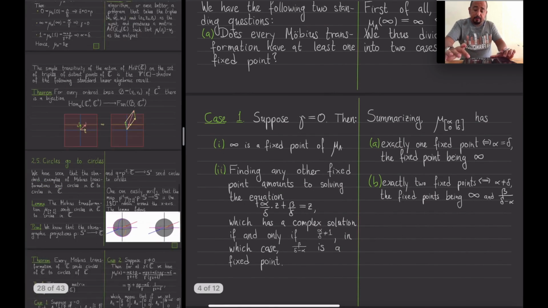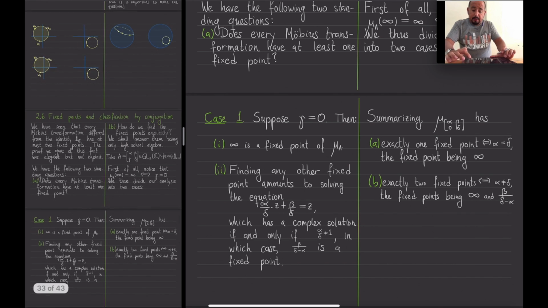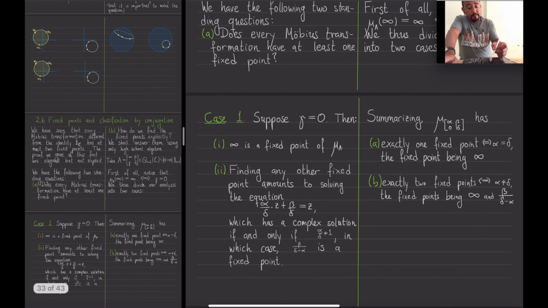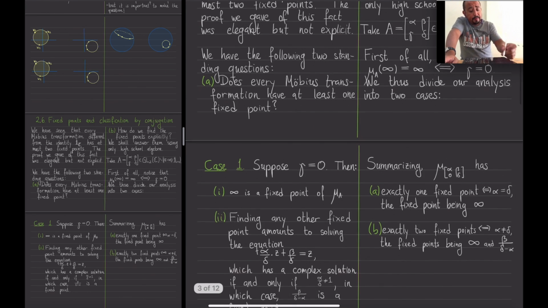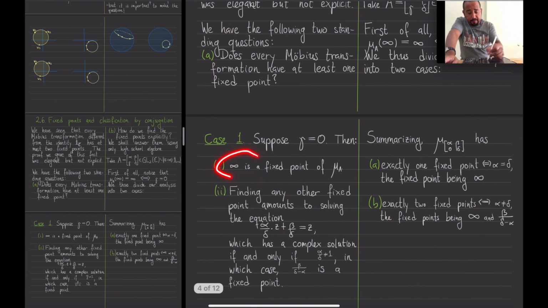The first one, suppose gamma is 0. So this entry is 0. So first of all, we already noticed infinity is a fixed point, and it remains to see whether there's one more or not, right?